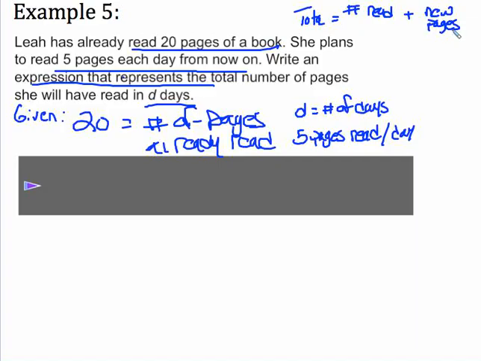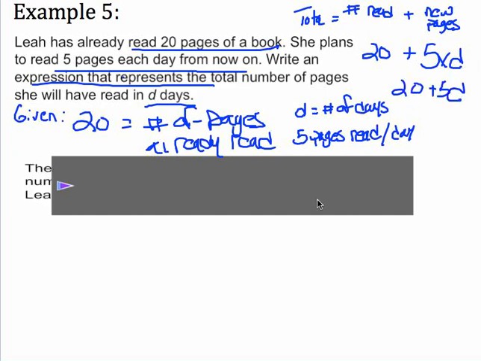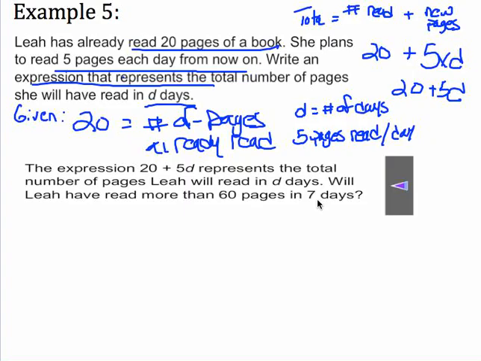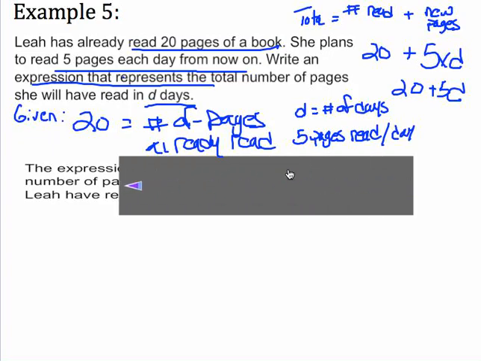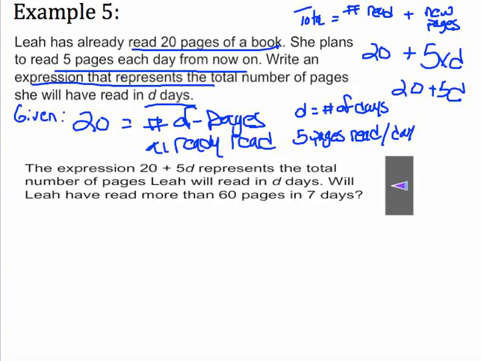She's read 20 pages already, and the new pages are 5 pages per day. Per is a multiplication situation, so that's going to be 20 plus 5D. So the expression 20 plus 5D represents the total number of pages that Leah will have read after D days.